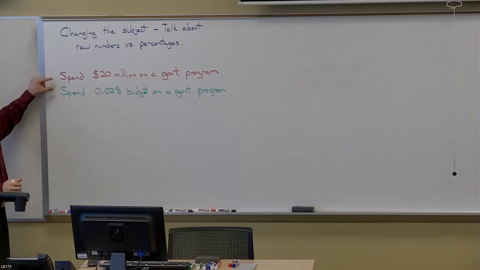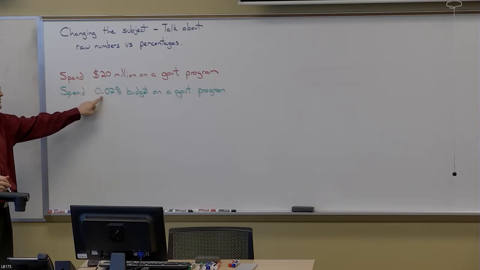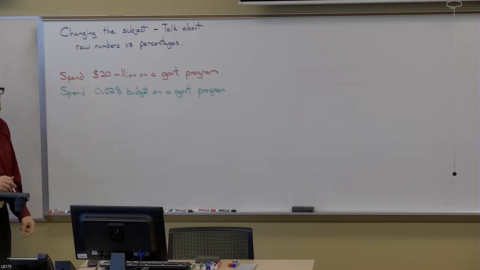These might be the same numbers. Okay? You know, let's say they spent 0.02% of the Pentagon's budget on some program. And somebody else might say, well, you spent $20 million on that program. Well, 20 million might be 0.02% of the Pentagon's budget.